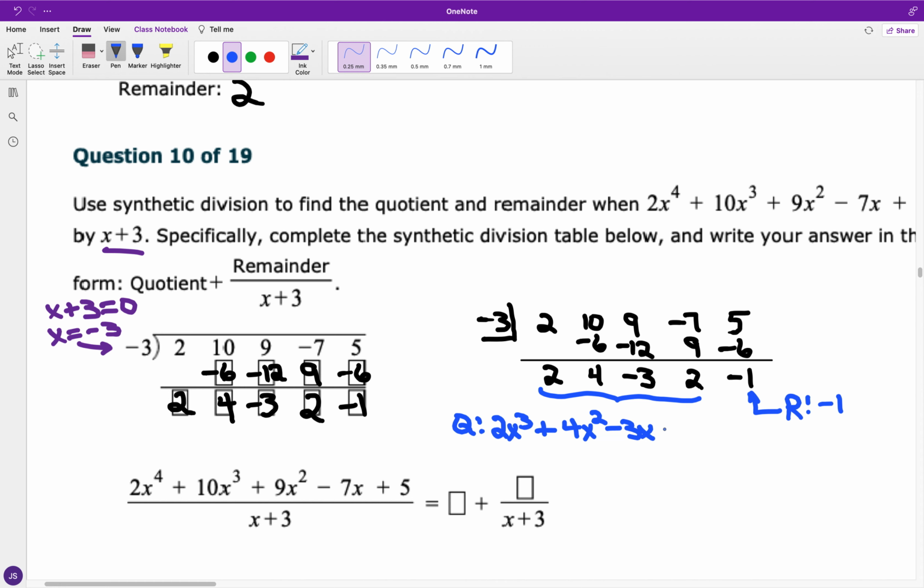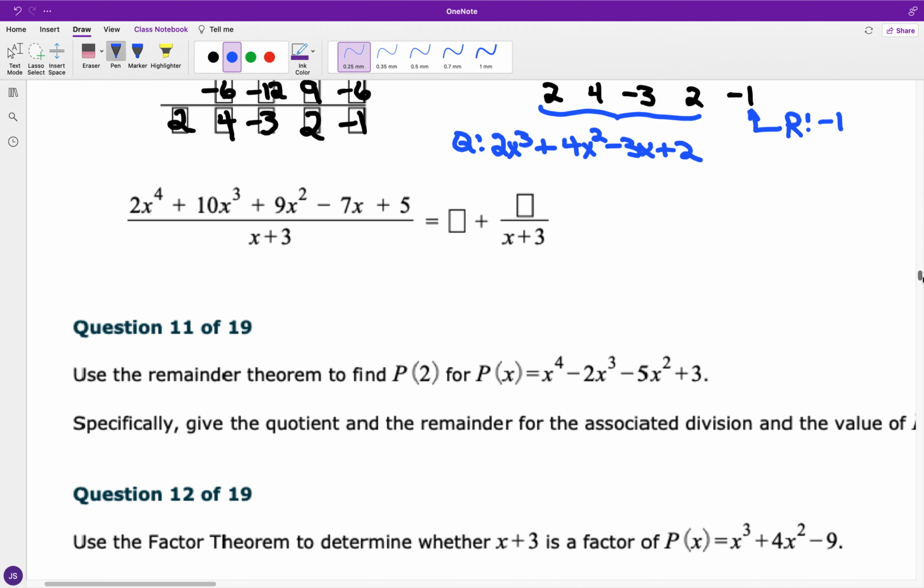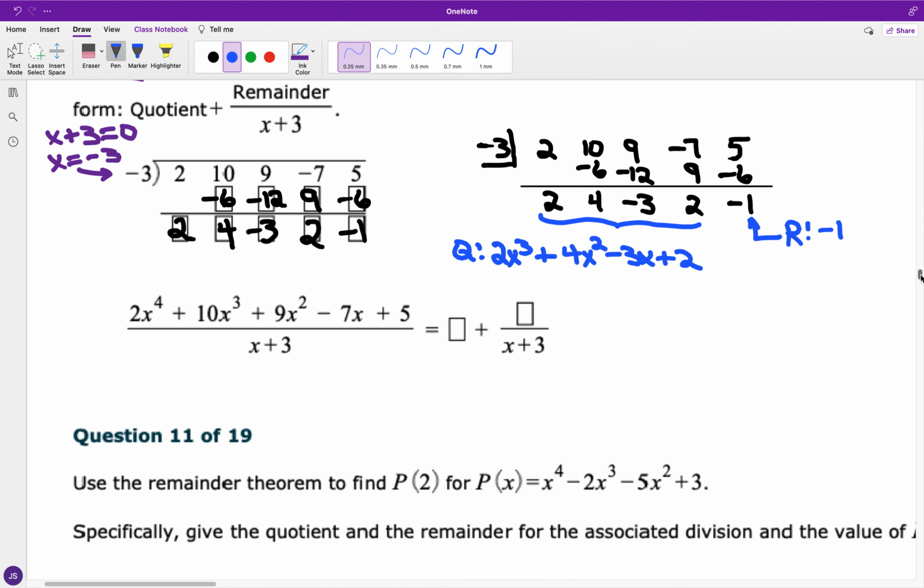minus 3x plus 2. Okay, and just looking at writing the quotient plus the remainder over x plus 3. Again, I cannot write all that into these boxes, but basically this ratio is going to be equal to, for the first box, 2x cubed plus 4x squared minus 3x plus 2.